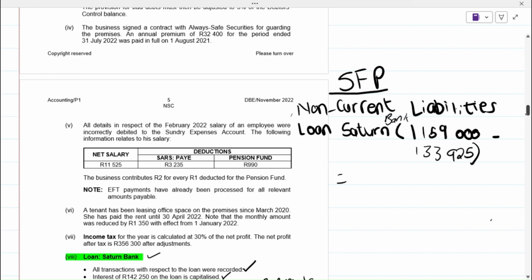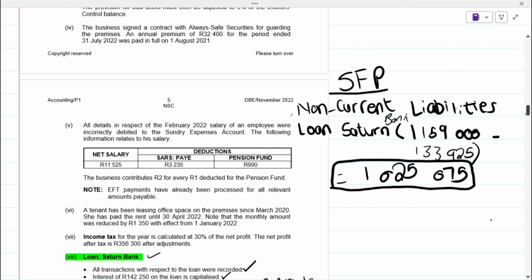Let me punch in quickly, 1,159,123 minus 133,925, and that's 1,025,075. So this is what will go under my statement of financial position, specifically under my non-current liabilities.